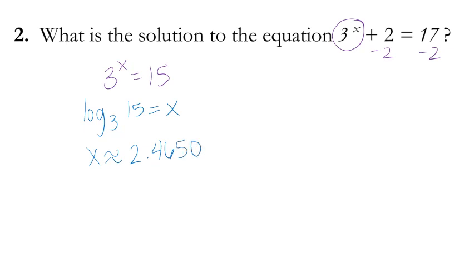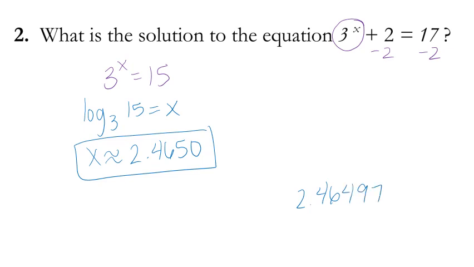If you plug this into your calculator, you actually get 2.46497. So I went ahead and rounded up to 50 because the 7 would round up the 9, and then the 9 would round up to the 4. So we'd end up with the 50 there. Don't stress out too much about your rounding on this. I just wanted to fill you in on that.